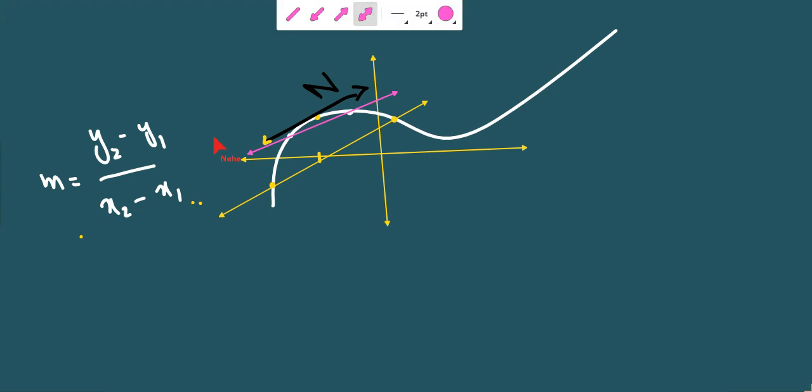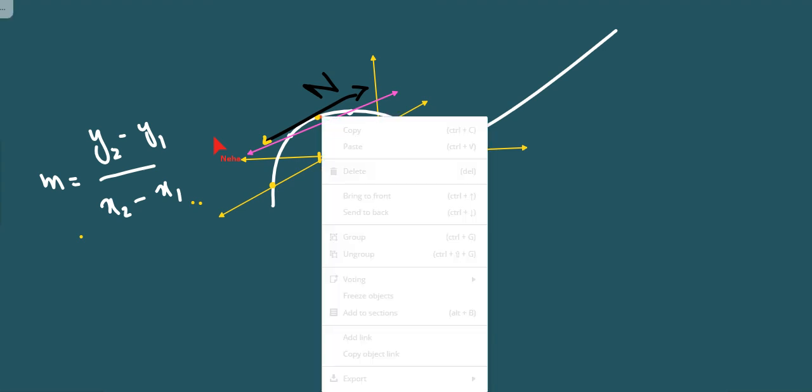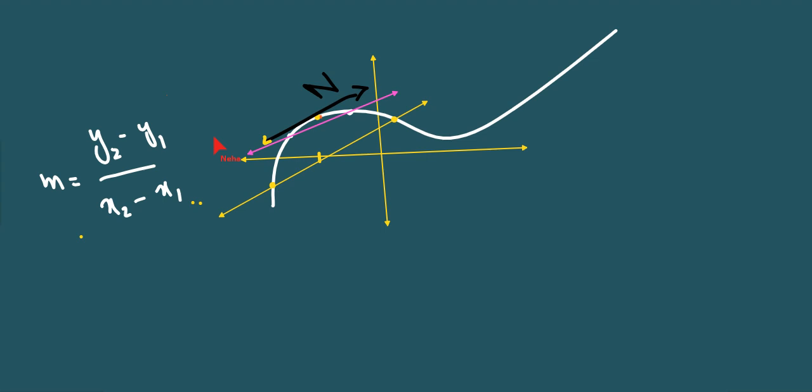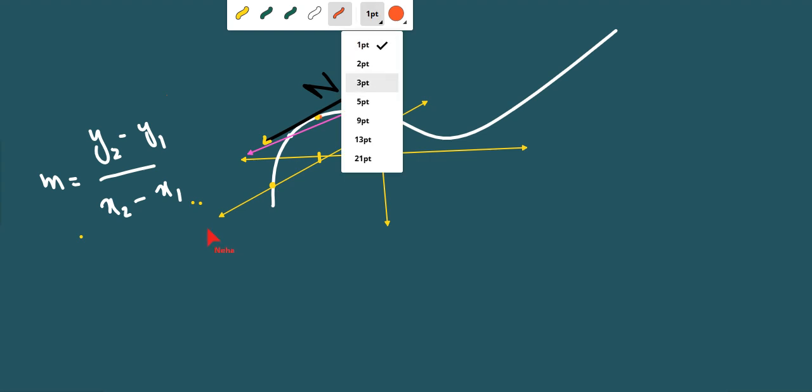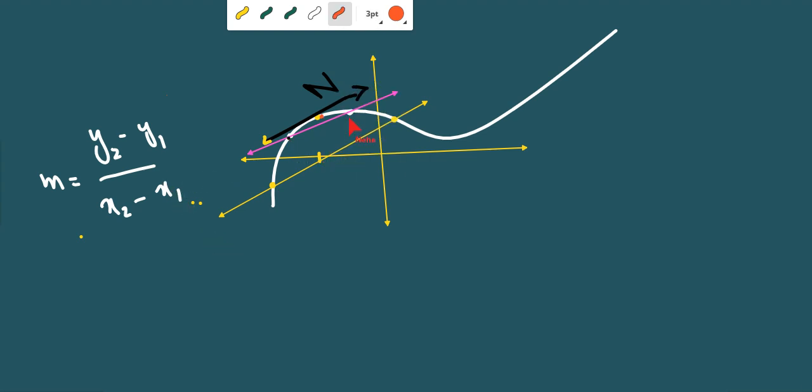If I keep following this, and I take a point very close to the yellow point, and another point, the red point, which is very close, can you see the red point that I highlighted? These are again two different points of the curve, and if I join them, they are very close to each other. So that would be the secant line, right?